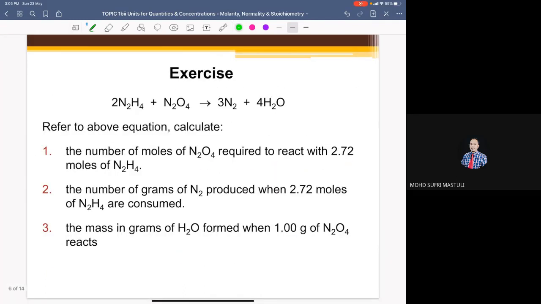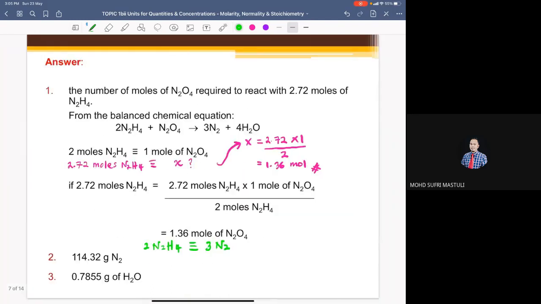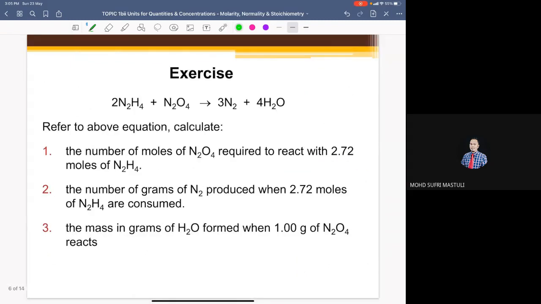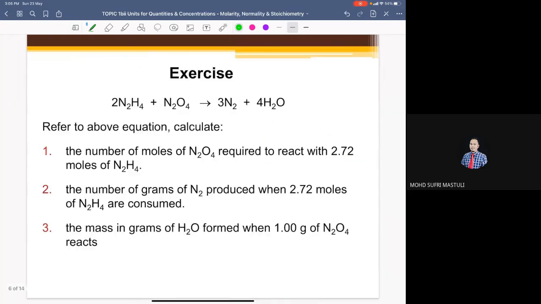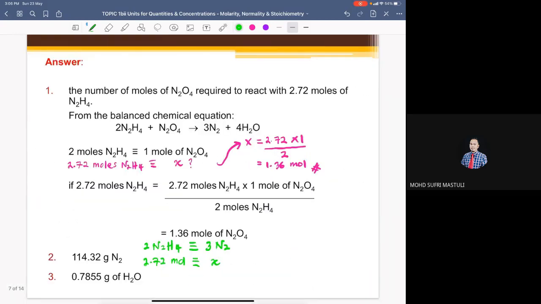So the question is asking what is the mass of N2 if 2.72 moles of N2H4 is consumed. So you have to calculate the moles of nitrogen when 2.72 moles of N2H4 is consumed.